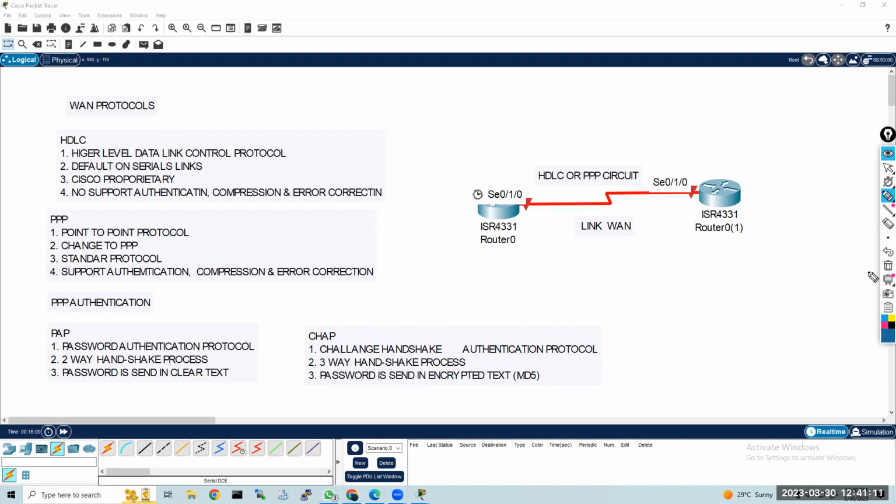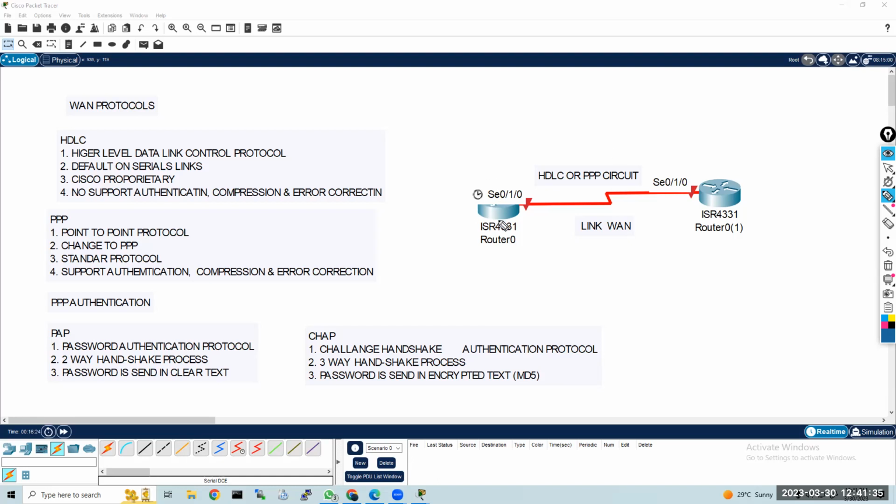This is a few basic things I told you guys. We can give any username and password for the router, and all of it should match. Then only it will give the update.